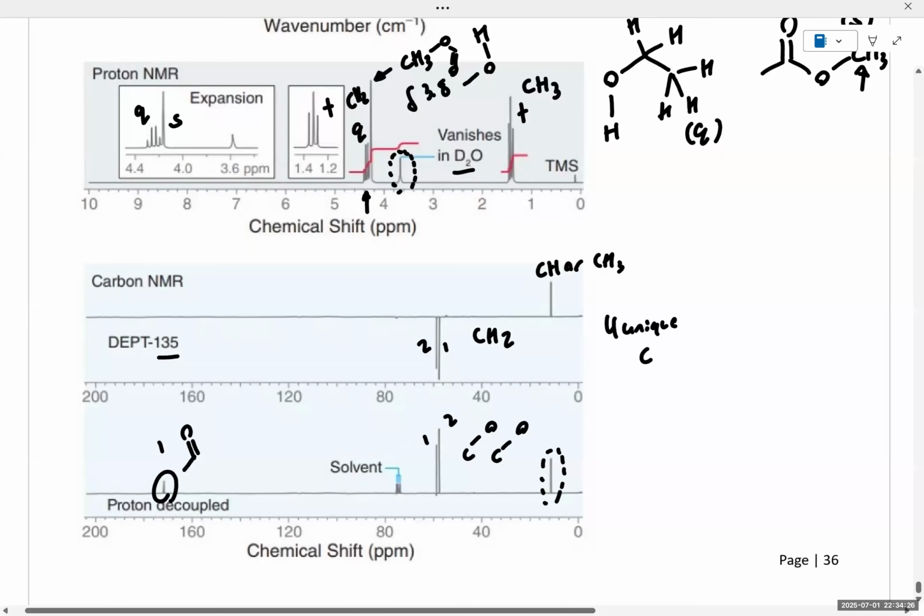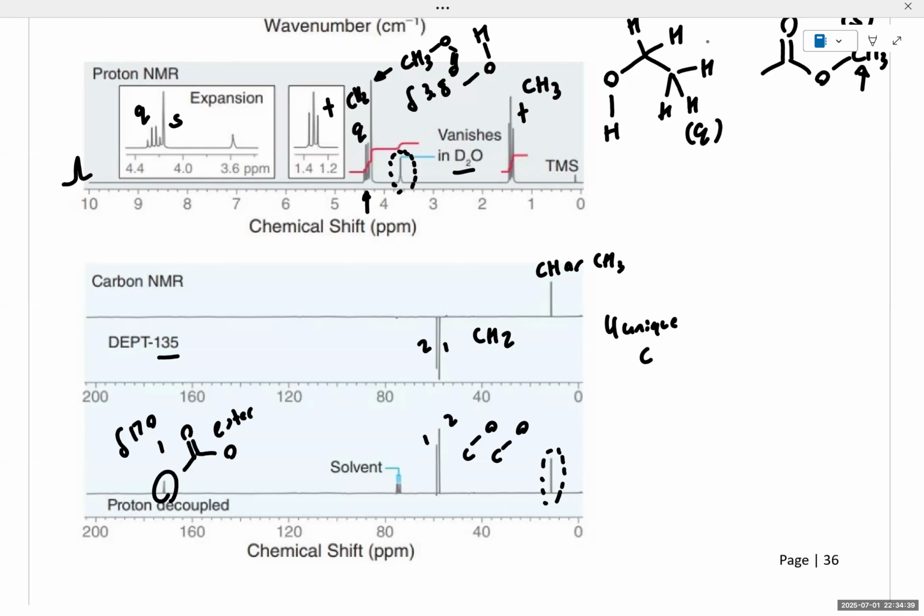In this case, we know that we don't have a ketone. This chemical shift of around 170 tells us that we have an ester or carboxylic acid. Given that we don't see a peak around 10, we don't have a carboxylic acid, we just have an ester and an alcohol.